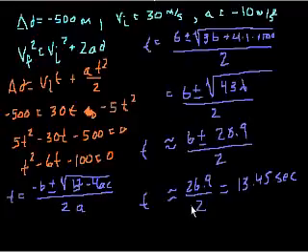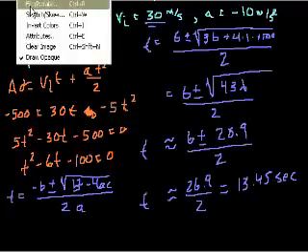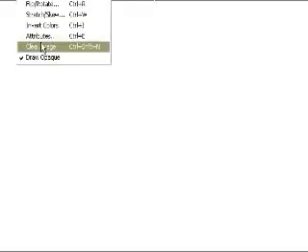But if you were to throw the penny straight up, off the edge of the cliff at 30 meters per second, it's going to take roughly 13.5 seconds to reach the ground. So it takes a little bit longer, and that should make sense because, actually, I have time to draw a little picture. In the first case, I just took the penny and its motion just went straight down.